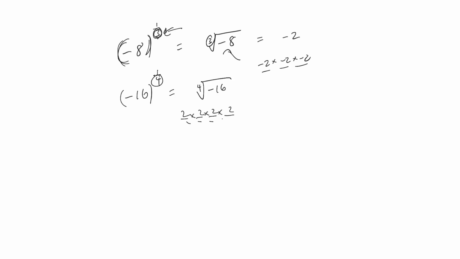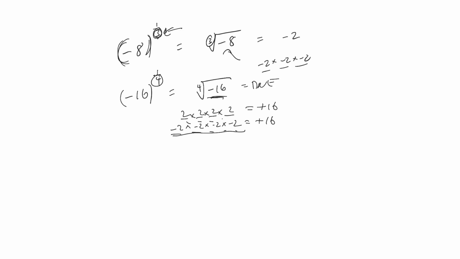Either it's 2, 2, 2, 2, but if you multiply 2 four times, you end up with a positive 16, which we don't want. We want a negative 16. If you make them all negative 2's, you also end up getting positive 16. There's something about multiplying negative numbers an even number of times that will always give you a positive. So this does not exist, because there's no way you can get a number that multiplies an even number of times to give you negative 16.